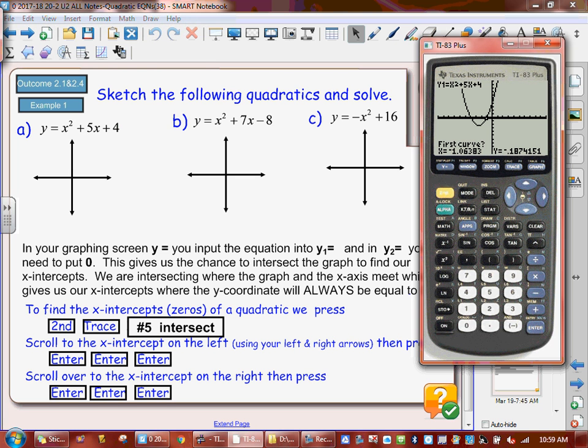So you use the left and right arrows, not up and down, that moves your cursor. We're going to move it to the left, anywhere past halfway, and we'll find the other x-intercept. I'm past halfway, doesn't matter where, I can have my cursor way up there, and that's okay. So now we're going to hit enter 3 times. And it's going to tell us the answer, -4.